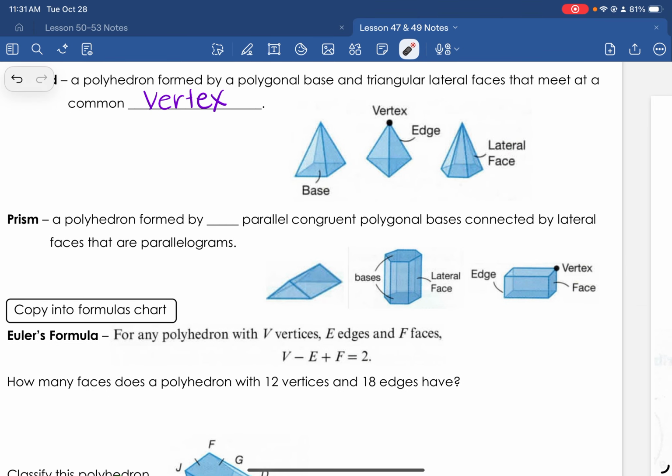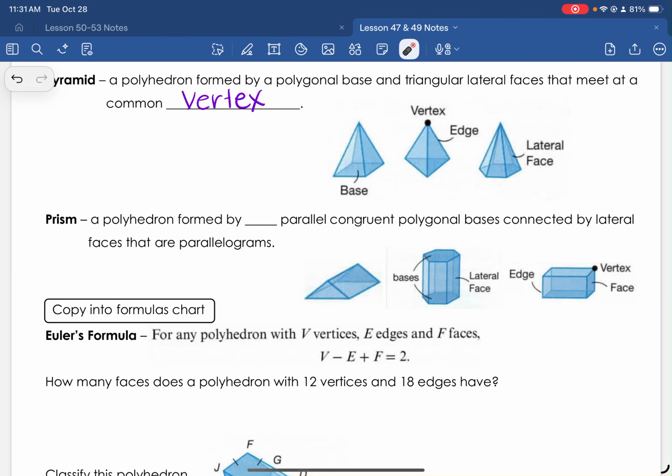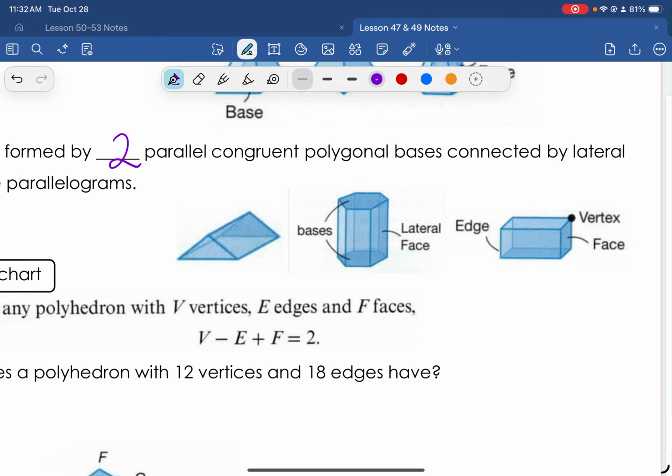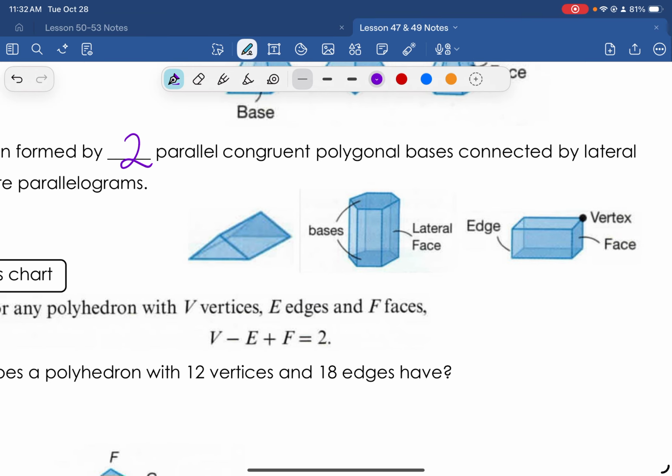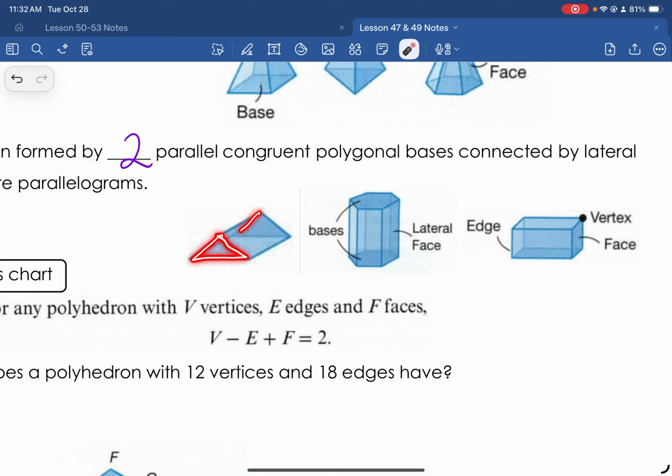Moving on to prisms. It's a polyhedron formed by 2 parallel congruent polygonal bases connected by lateral faces that are parallelograms. So 2 parallel faces. Let me point that out for you in these diagrams here at the bottom. You see how there's 2 parallel triangles. That's why this is a triangular prism.